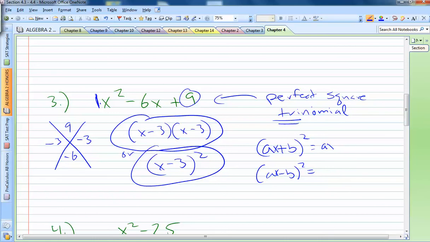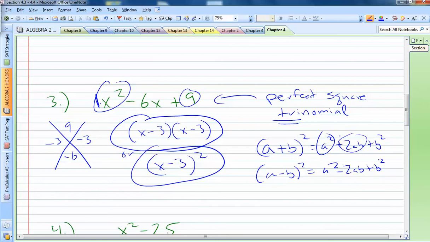That made no sense. Let me erase that. If I were to FOIL this, I would get a squared plus 2ab plus b squared. That's just multiplying a plus b by itself. And here I get a squared minus 2ab plus b squared. And so you can see how the x squared and the a squareds line up, the 9 and the b squareds line up, and that would imply that a is x and b is 3, which will get me the middle term right there.